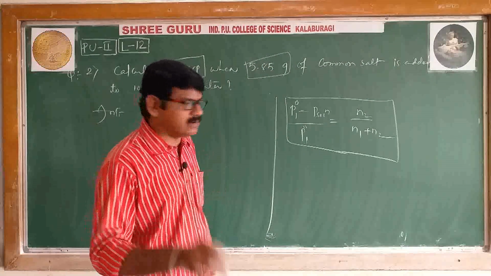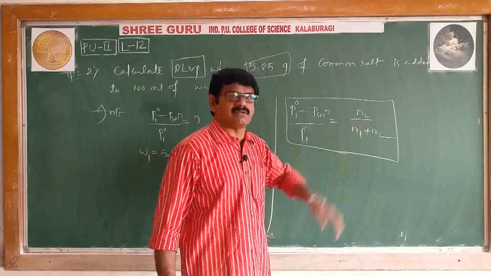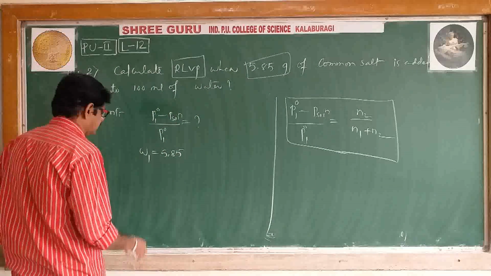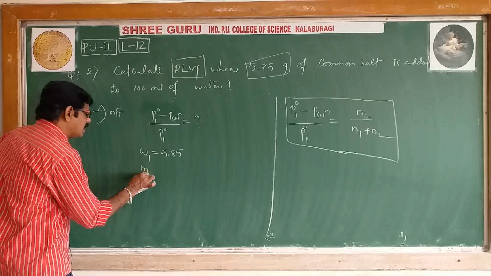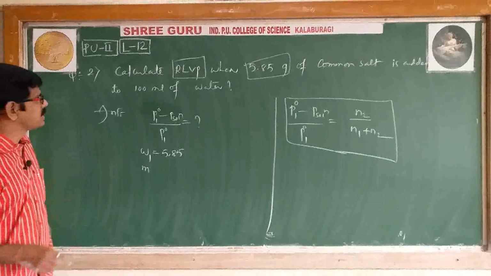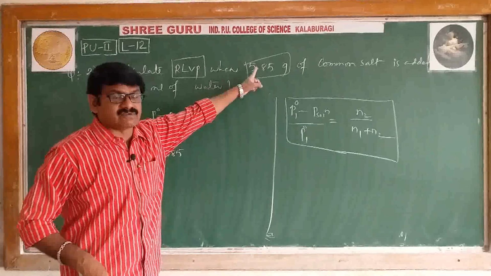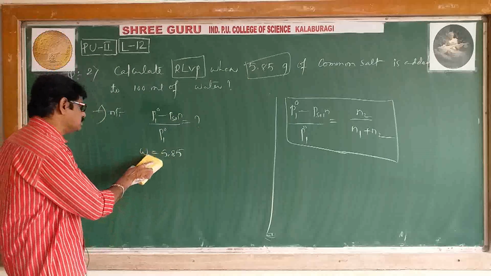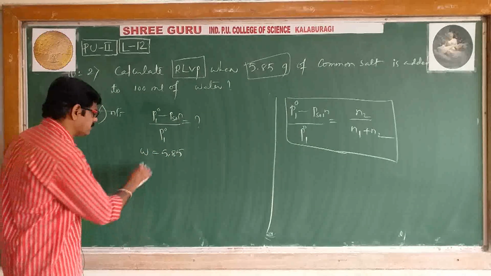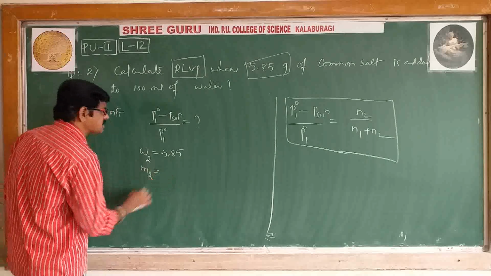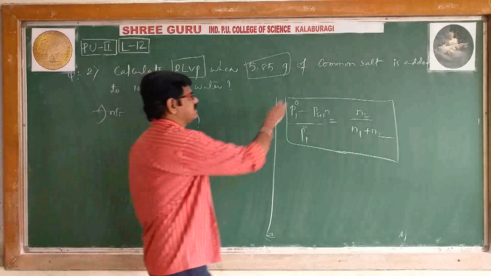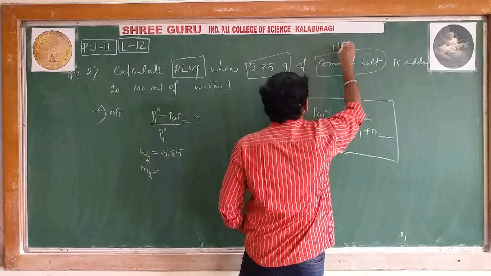That is our job now. Solute moles, solvent moles we are calculating. Here the mass of solute is 5.85, and the symbol for mass of solute is W2. Solute 5.85, molar mass of solute NaCl, common salt, nothing but sodium chloride.